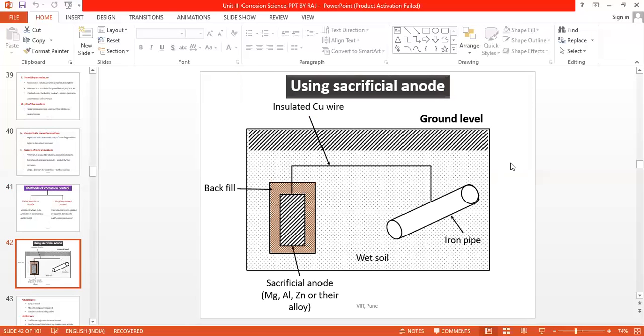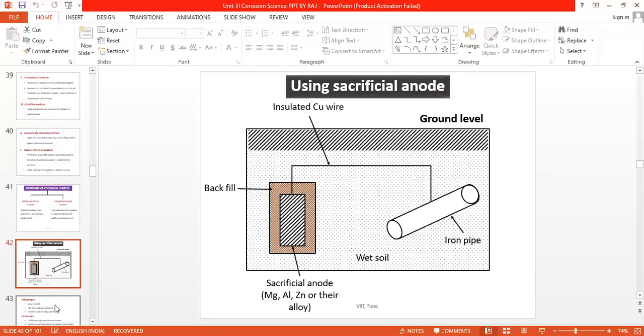This is the particular diagram used for their protection. The iron pipe is protected at the cost of the sacrificial anode. To increase the electrical contact between the base metal and the sacrificial anode, the sacrificial anode is always kept in the backfill. Also, it increases the electrical conductivity or contact between the sacrificial anode and the surrounding environment.